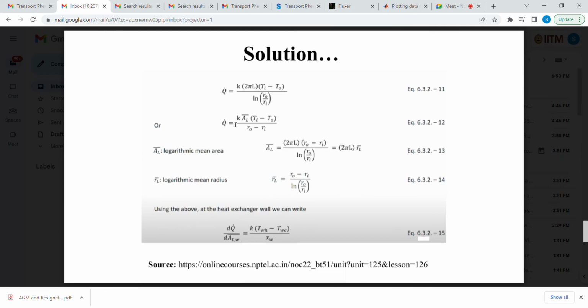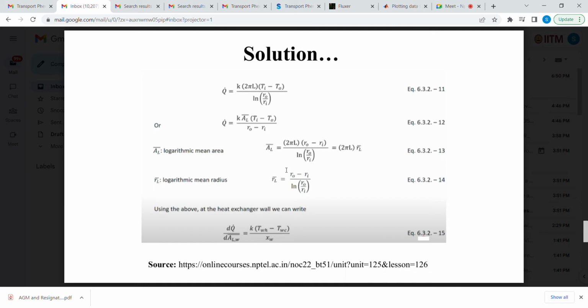So A_L hat, so basically Q equal to K into A_L hat into (Ti minus T naught) by (R naught minus Ri), where A_L hat equal to 2 pi L into (R naught minus Ri) by ln of (R naught by Ri). So (R naught minus Ri) by ln of (R naught by Ri) is basically the R hat, right?